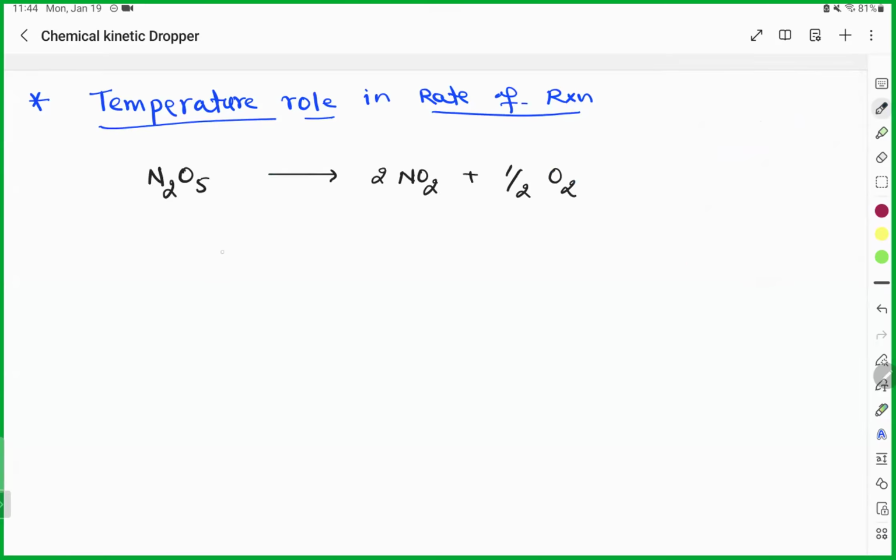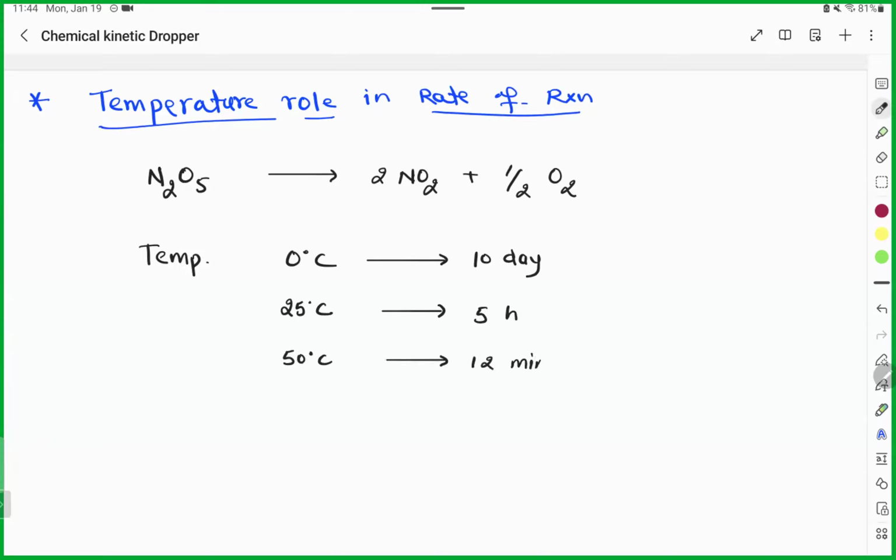For example, if your temperature is 0 degree Celsius, then the same reaction will take 10 days to complete. If you increase the temperature to 25 degrees Celsius, then it will take 5 hours. And if you increase the temperature to 50 degrees Celsius, then it will take only 12 minutes.